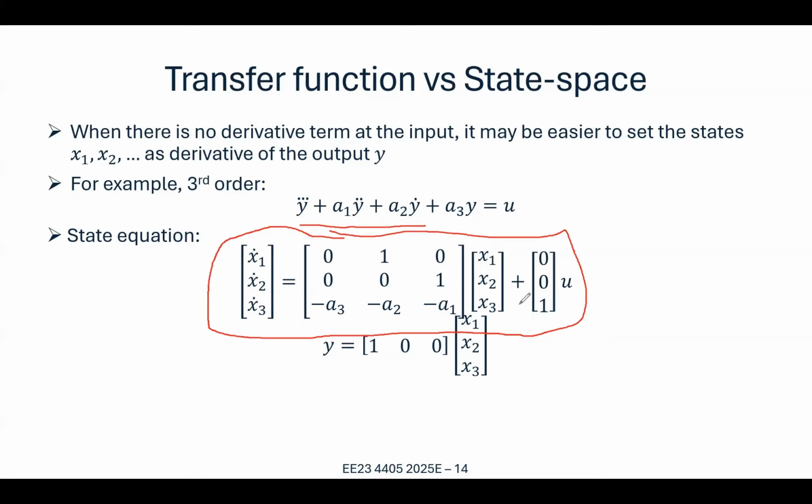So there is actually a more commonly used structure, and then we have the last row here corresponds to the variable u, and then y here is 1 0 0 times x1 x2 x3.